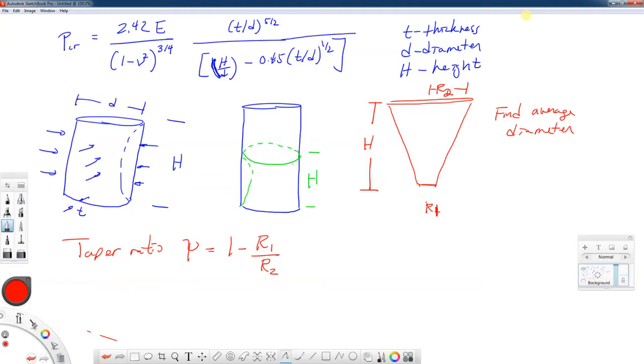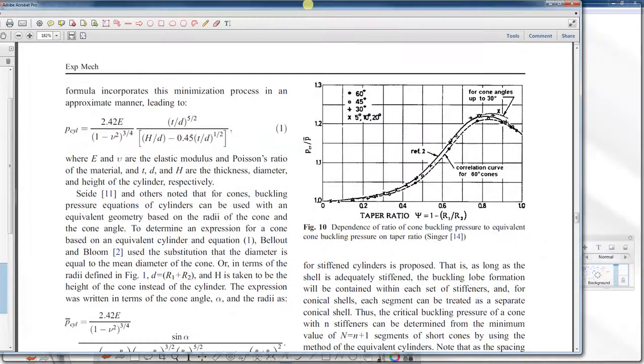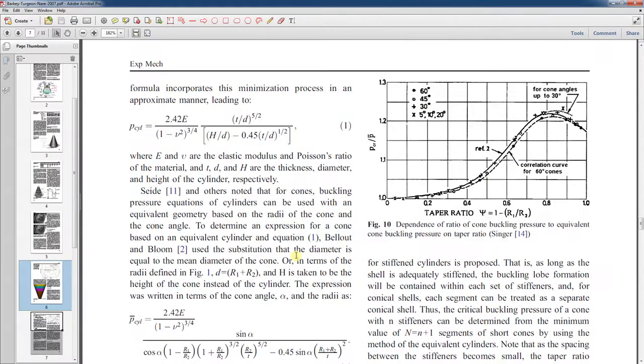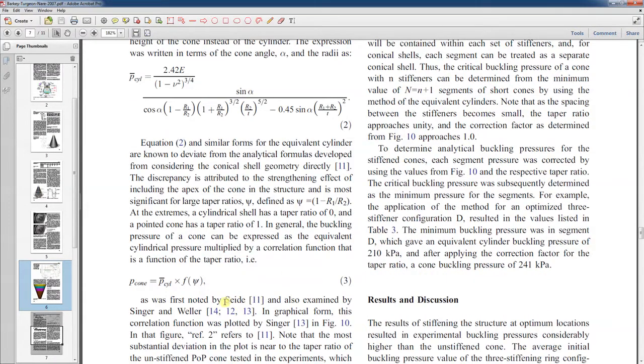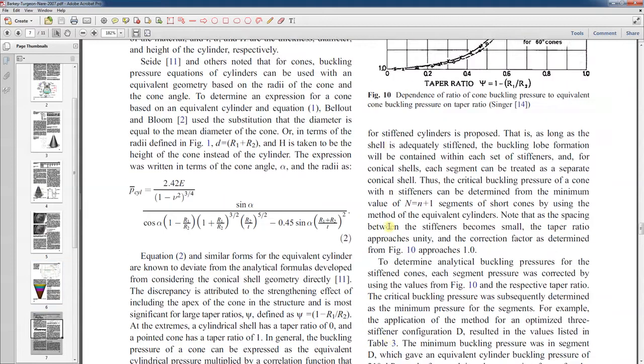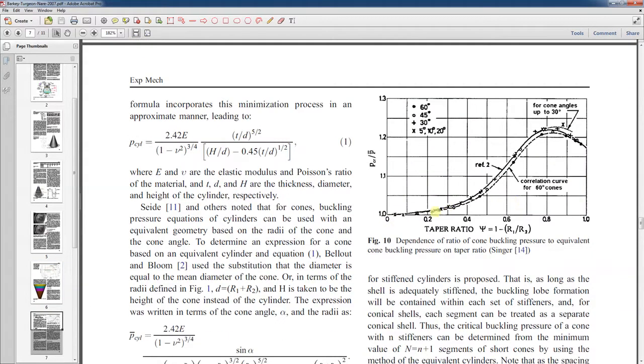And there were some tests done by another famous cone person, Seide, here. They came up with this solution based on a taper ratio, a correction factor.